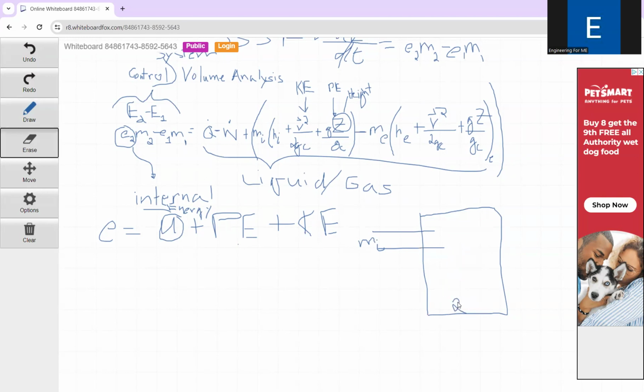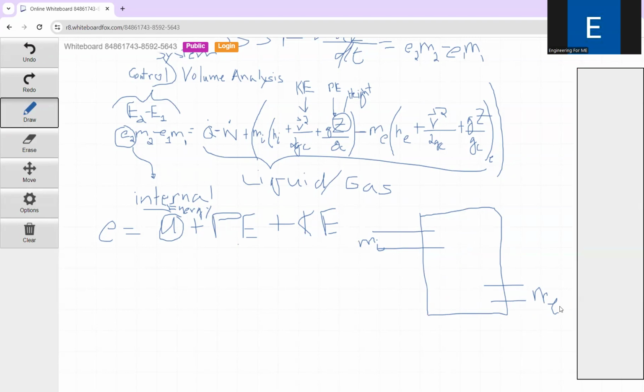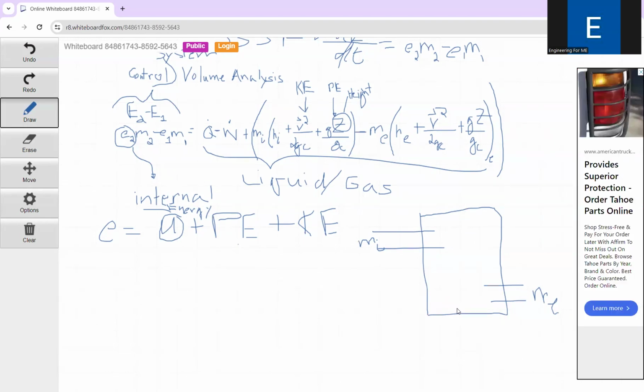However, if we have the rate at which M initial is going in, the same rate M initial is going out of ME. Does that make sense? So the rate at which this liquid or gas is going into the system is the same rate that it's exiting, so that these two equal each other.